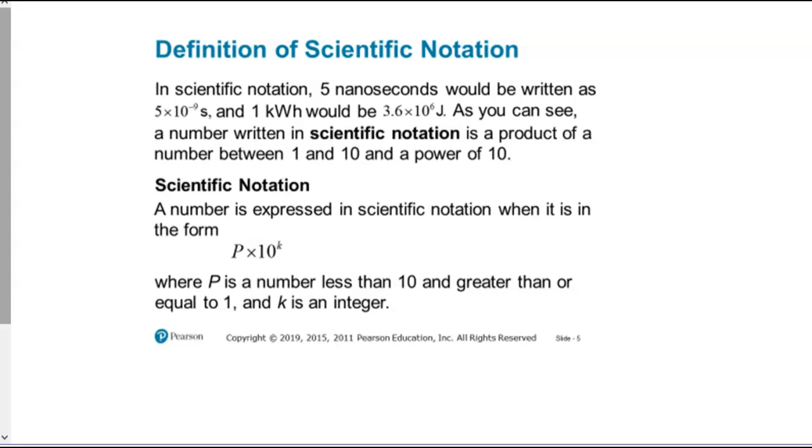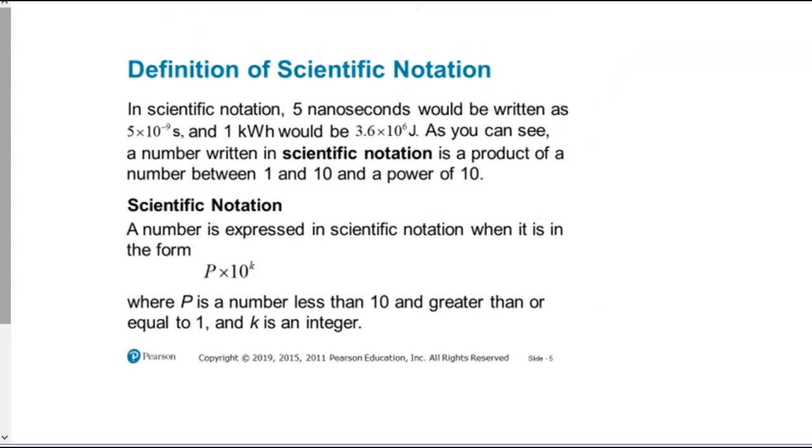So with scientific notation, the important part to remember is that you are going to use this formula here: P times 10 to the k power, where P is a number that's less than 10. So it can be 9.99999 or greater than or equal to 1, but it can't be 10 and it can't be less than 1.